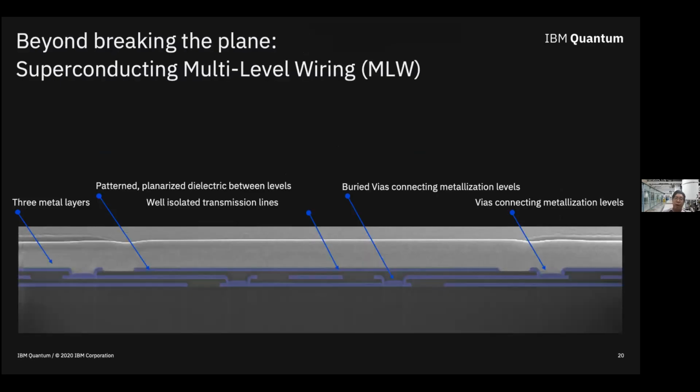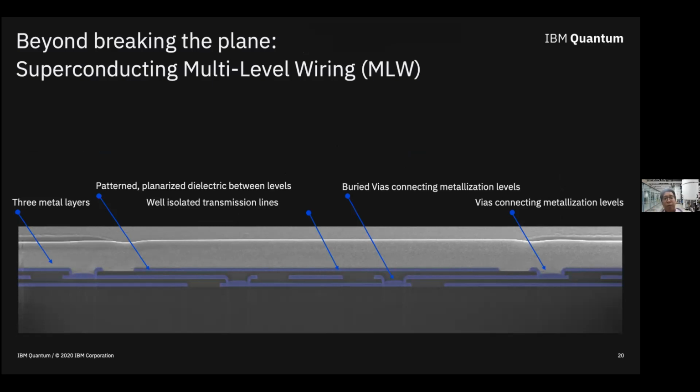But back to Eagle, one reason we're really excited about this next generation is that it has further advanced packaging techniques, right? So we have bump bonding techniques already that we've been employing in Falcon and Hummingbird.